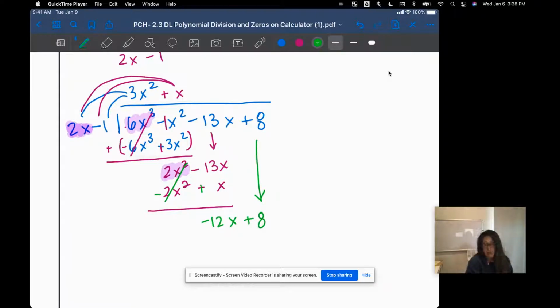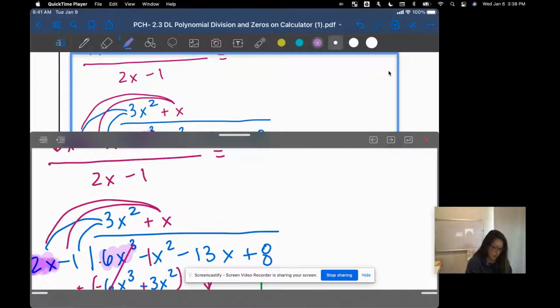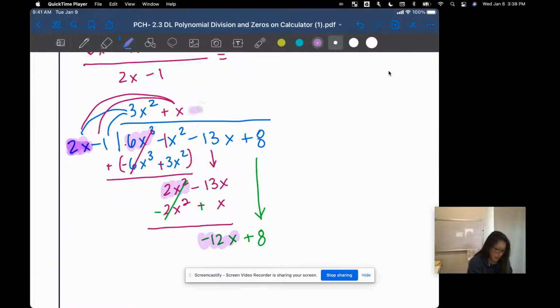Once I bring down the constant, we're pretty much done. So we just have to do one more long division here. So I have 2x into 12x. I end up with negative 6.